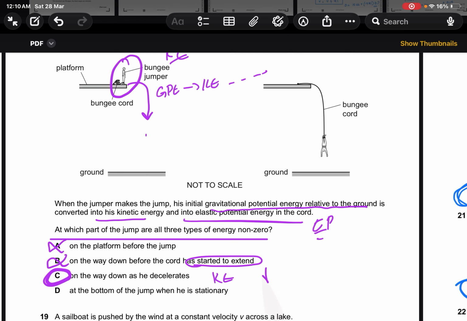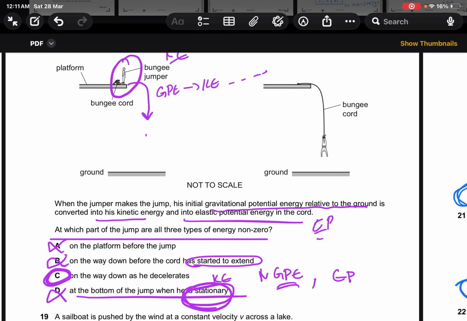He's moving downward, so he is losing GP, yes, some GP, because he's above the ground. And because he's decelerating, the cord is extending, so he has elastic potential energy. At the bottom of the jump, when he's stationary, he has no kinetic energy. That is why at C, he has all three types of energy non-zero.